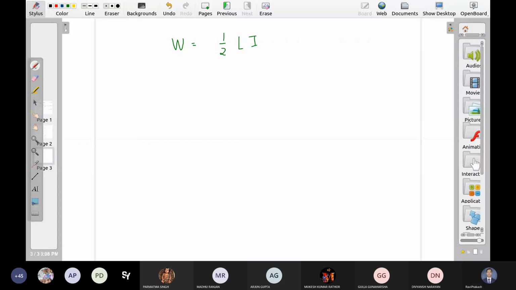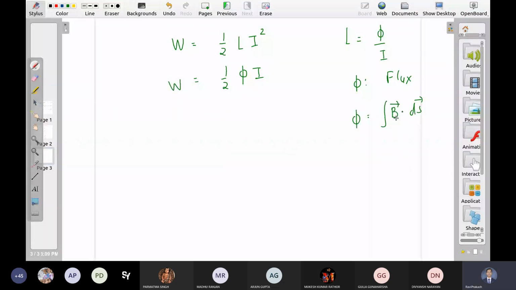So this is energy, right? Or I can say, what is L? L I is phi. Phi is flux. And what is this flux? Integral of B dot ds. What is B? What is ds?